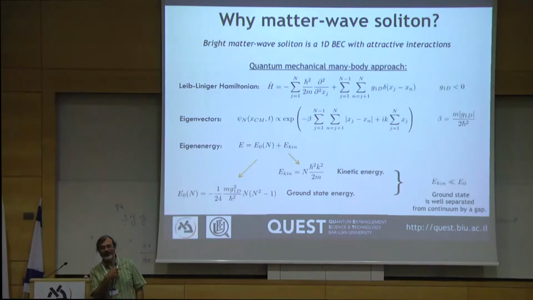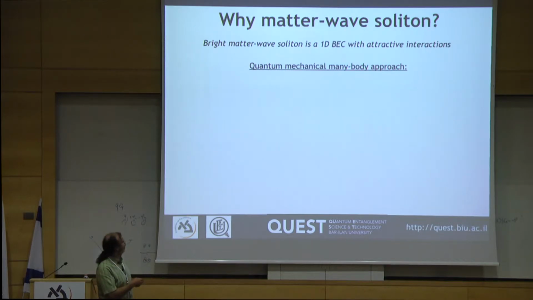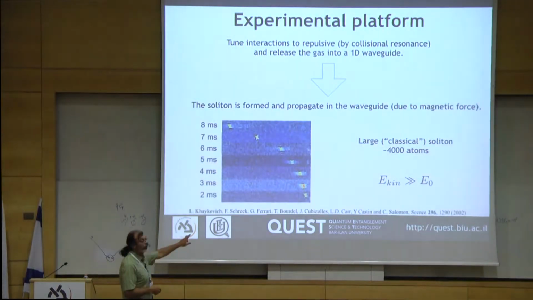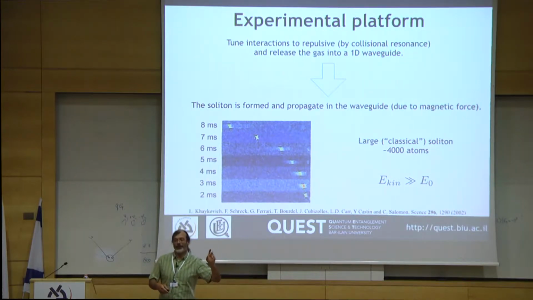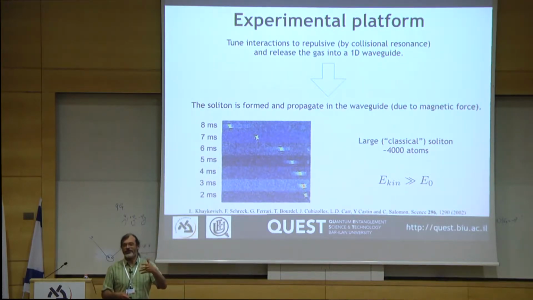This is what I said in the beginning. One of the solutions is to go to a very deep binding energy, and then everything is okay. But going to a very deep binding energy brings you to the three-dimensional world very quickly. In this story it's a one-dimensional object, and the Lieb-Liniger Hamiltonian is a one-dimensional Hamiltonian.